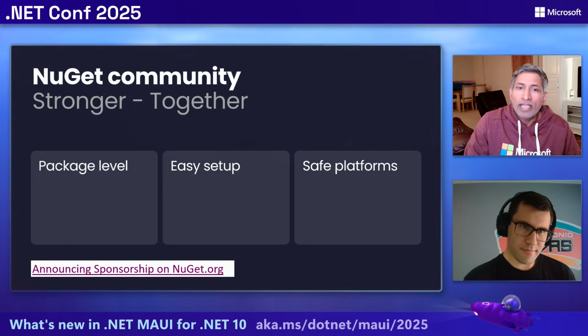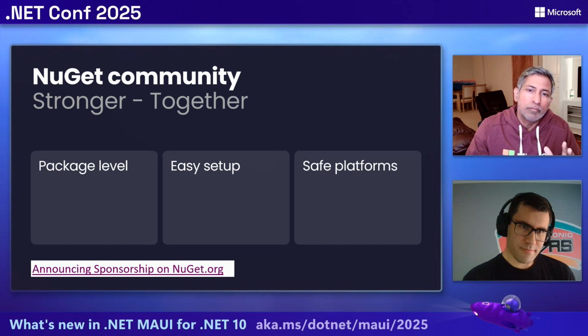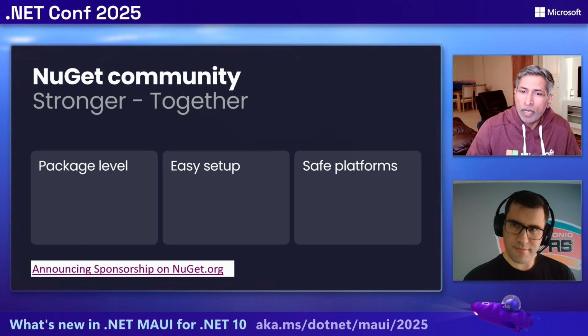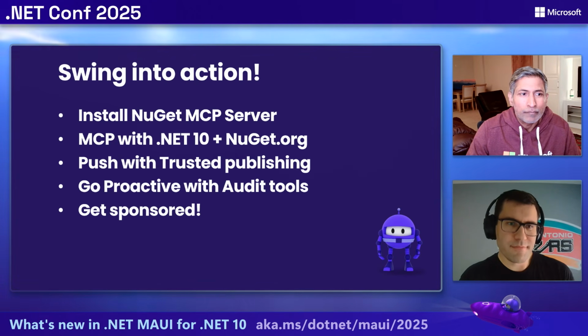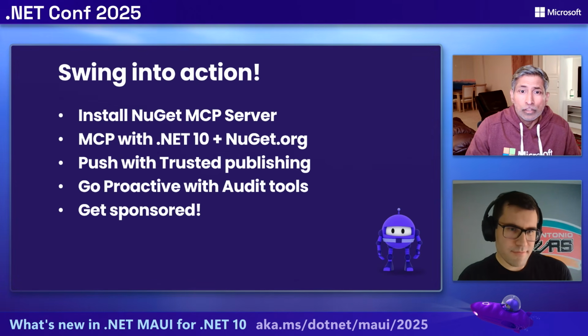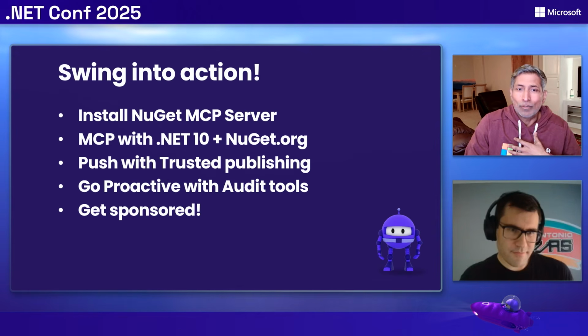We all know great software doesn't just happen, it's built and maintained by real people. So, whenever you save time by grabbing a package, you can also give back to the folks who make it possible. So, that's the tour.